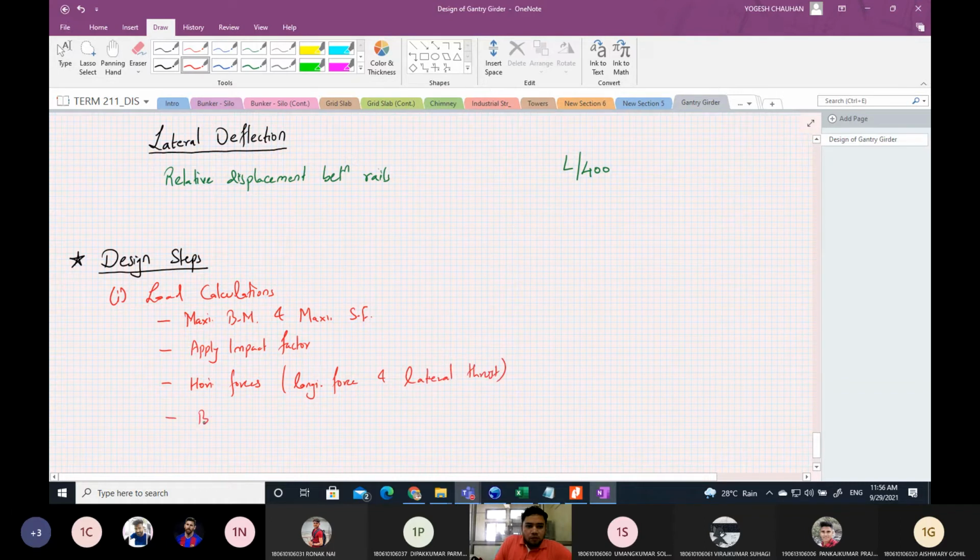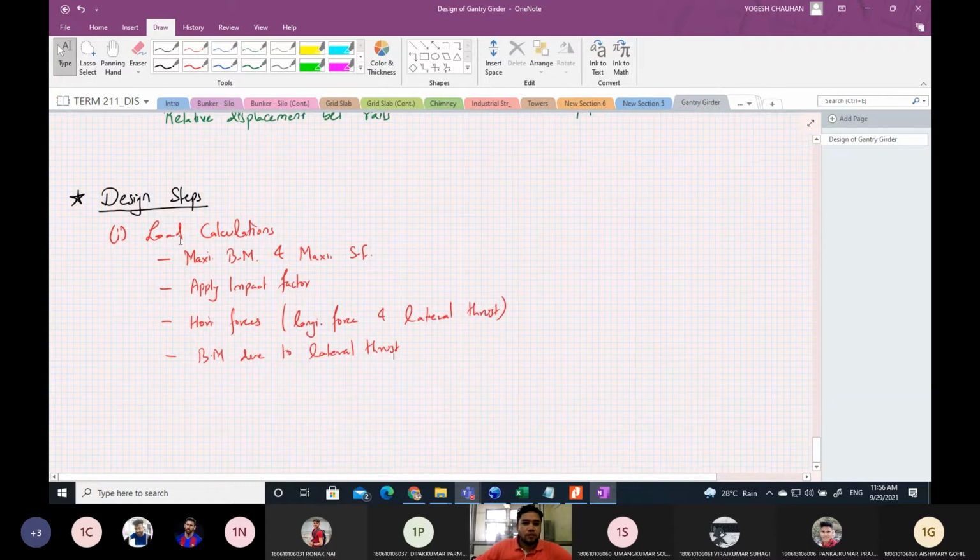We find the bending moment due to lateral thrust. So all these are calculated in the first step, that is the load calculation.